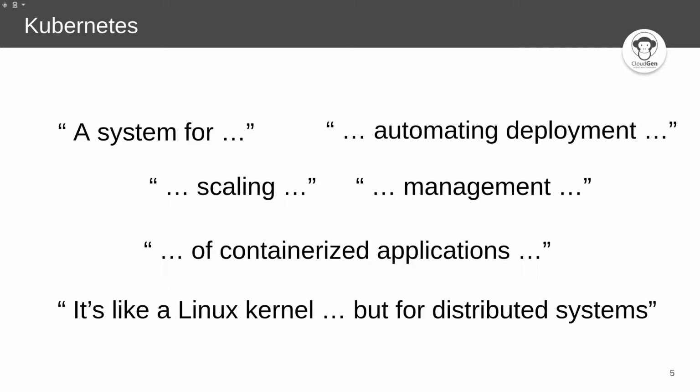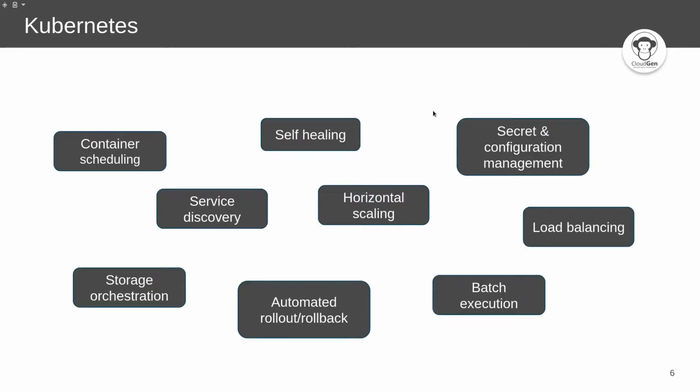Kubernetes helps you with automating the deployment of your application, the scaling, the management, and so on. So what are the main features that we have in Kubernetes today? First of all, container scheduling. You containerize your application, your containers are grouped into pods, which are the unit of work in Kubernetes, and then Kubernetes schedules the execution of your pods on the nodes that make up your cluster.